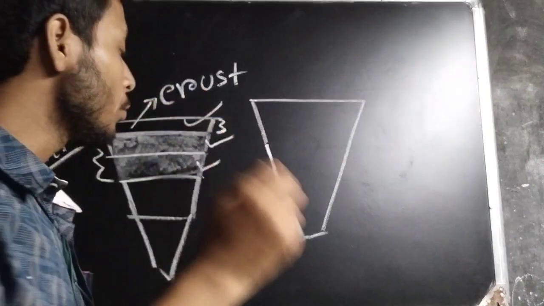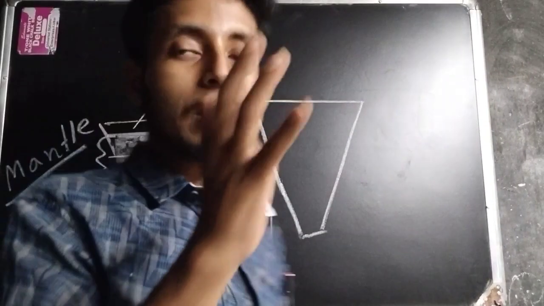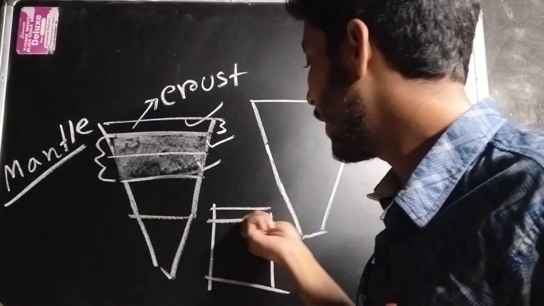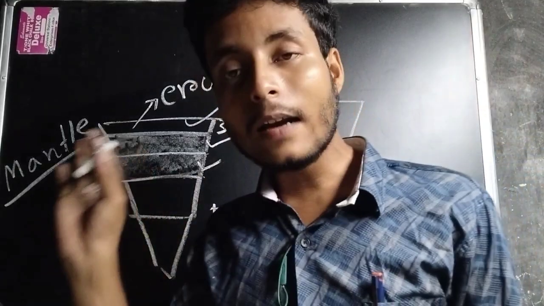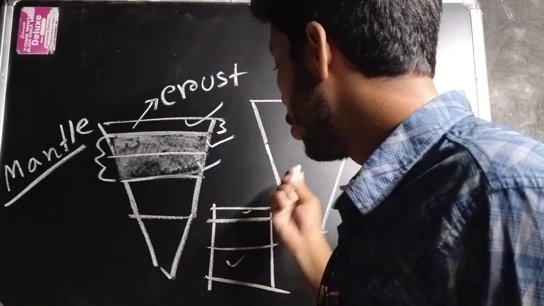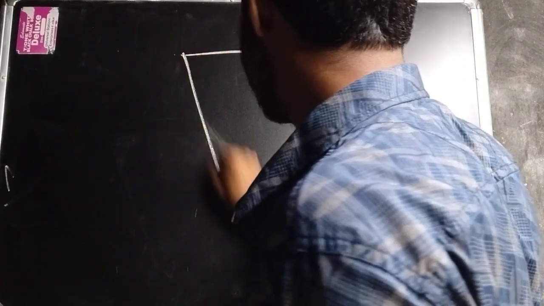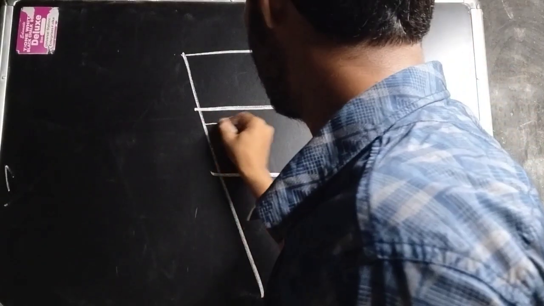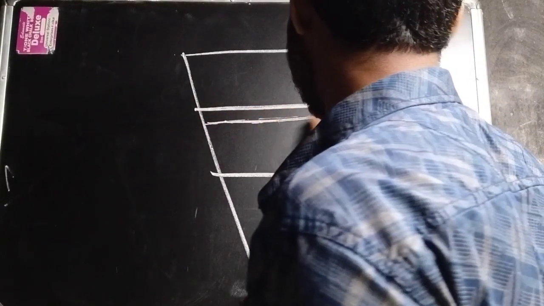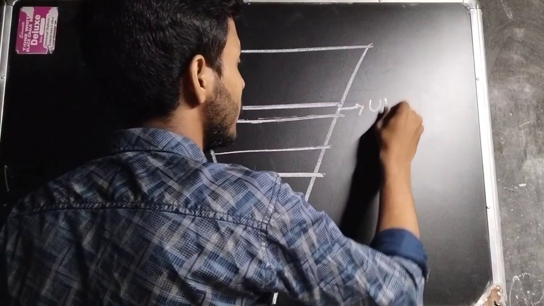But if we divide the mantle into three zones, the first is the upper mantle, the middle one is the transition zone, and the third is the lower mantle. If this is the interior part of the earth and this is the mantle, we divide it into three zones. The first one is called the upper mantle.